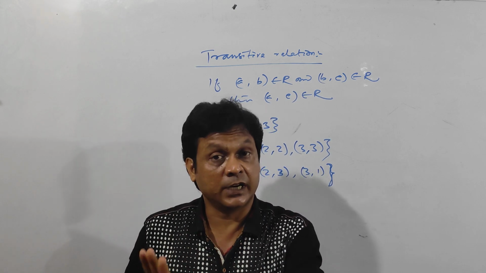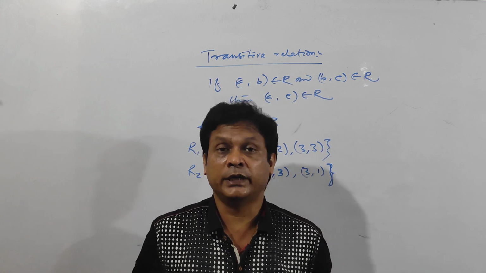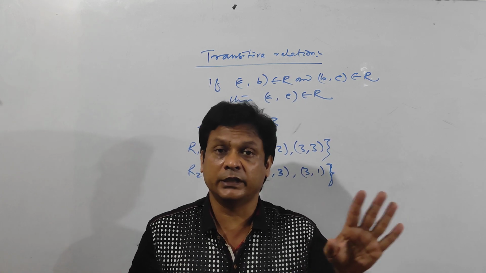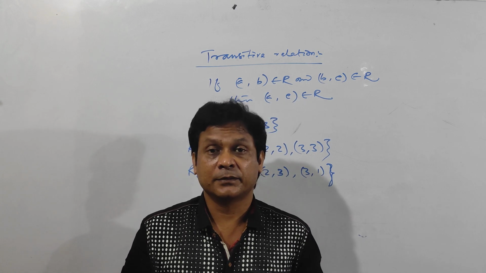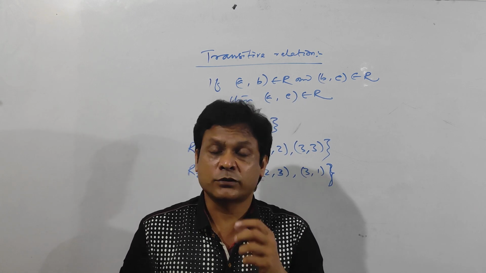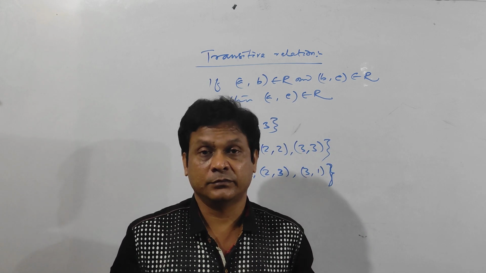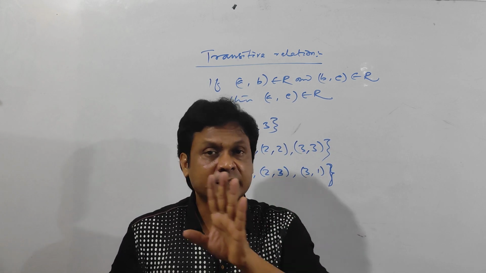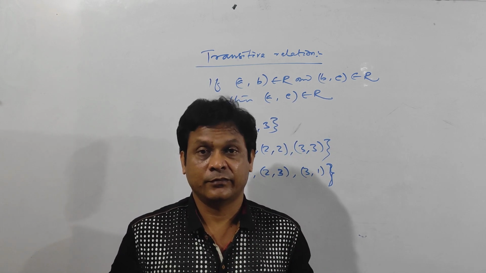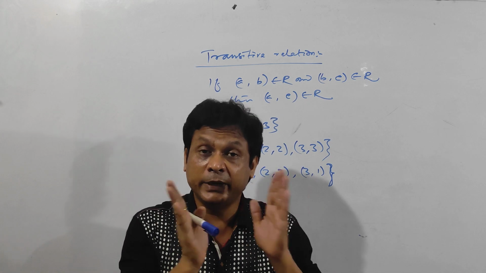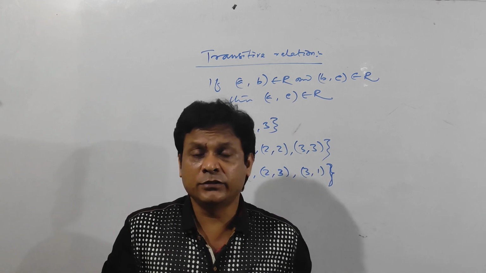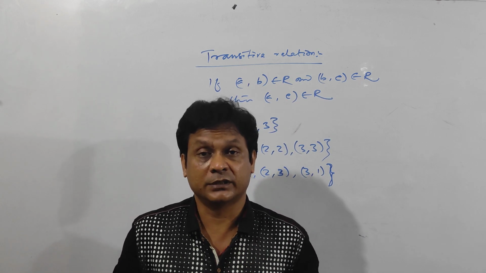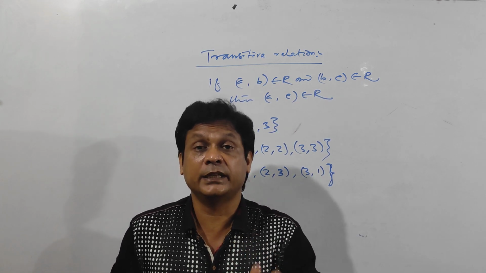He should have first appeared in the exam, and if you get at least 30%, then he is said to pass the exam. And if fails means, if a student has not appeared in the exam, that means he has not failed. Failed means he will appear in the exam and he will secure less than 30 marks. Then only you can say that the student has failed.